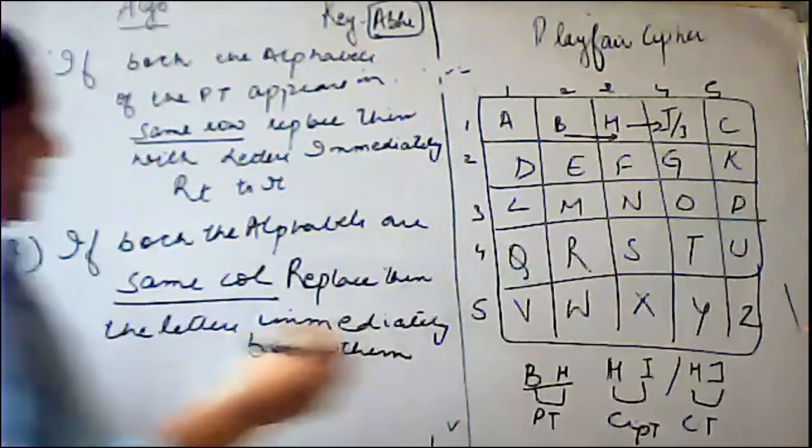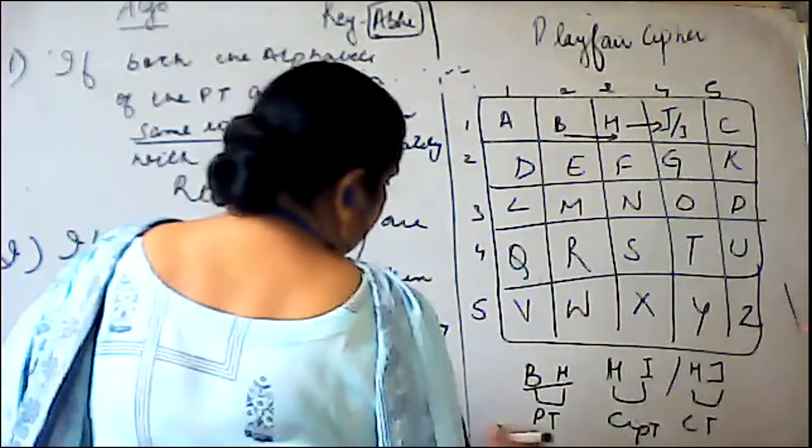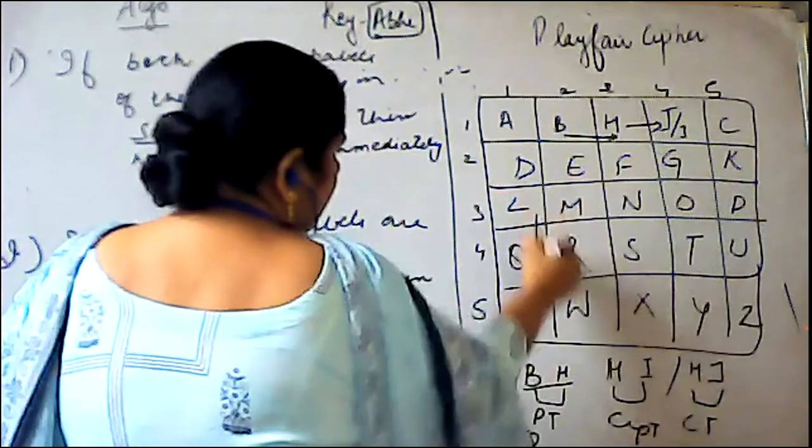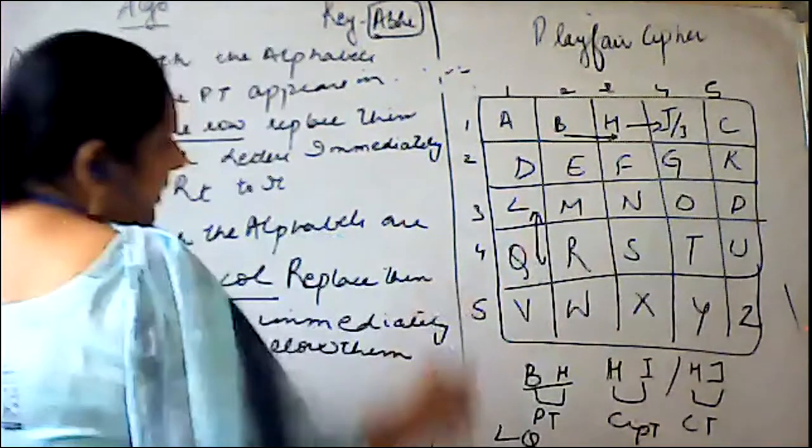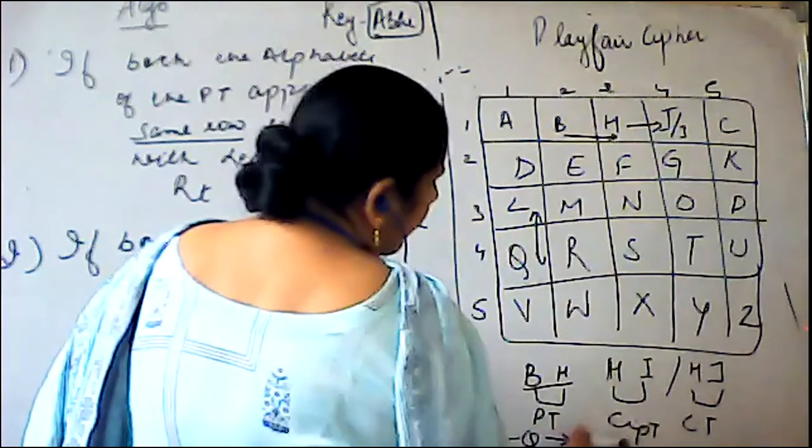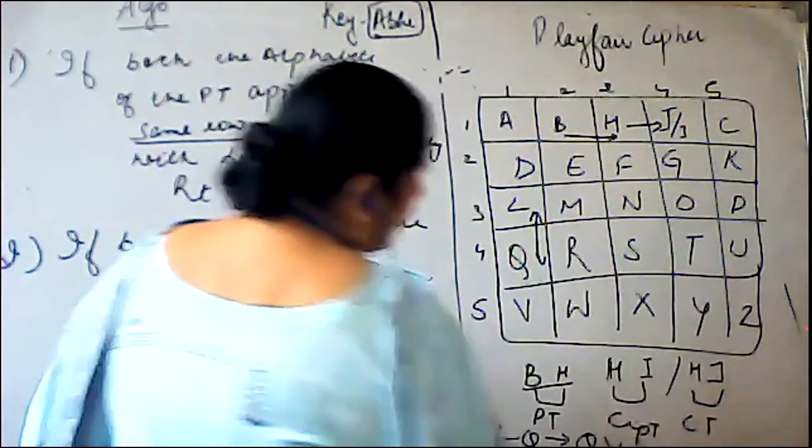For example, you have been given L and Q. These both appear in the same column. Immediately after L is Q and immediately after Q is V.